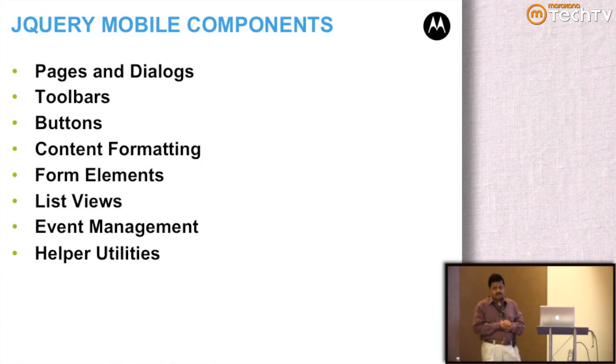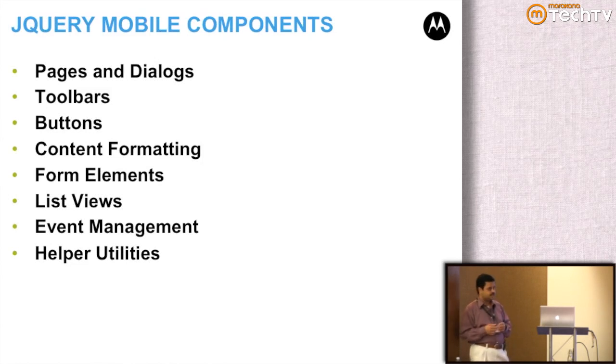So, there are some key components of jQueryMobile that let you do what I just talked about. Some of the components are pages and dialogues. I will talk in more detail about several of these. Toolbars, buttons, formatting content, forms, which is one of the more frequently used aspects of any UI framework.